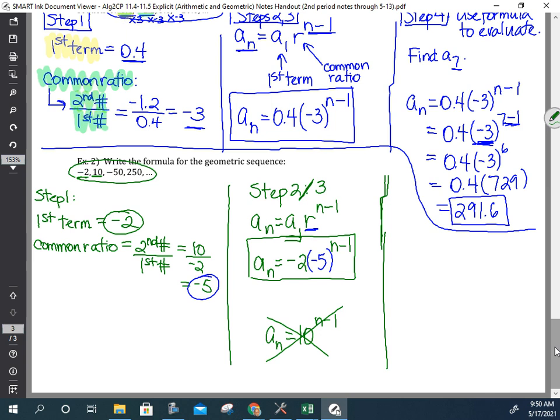So the last step is to evaluate it if we need to. So we're going to do the optional step 4. We're going to find the 7th term of the sequence using our formula. So there's your formula. We're going to take 7 and plug it in.